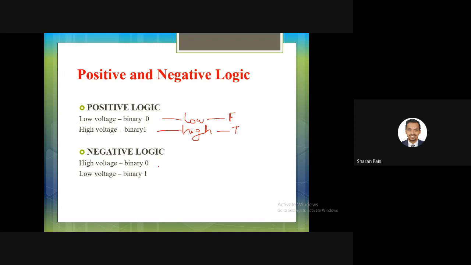Here, whenever you have 0, that is considered as true, and 1 is considered as false. That's the reverse logic. Fine. So this is also possible.